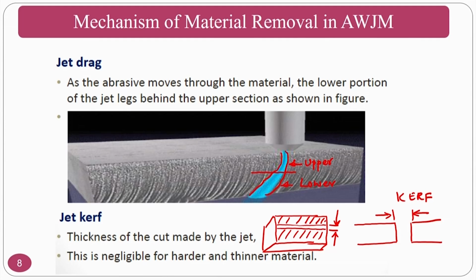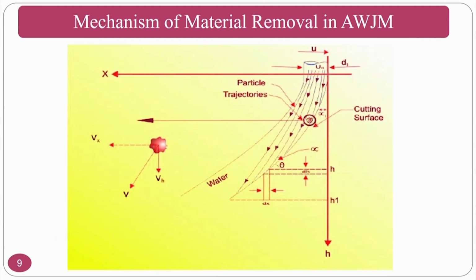Normally, the kerf thickness is very fine in terms of harder and thinner materials. And the mechanism of material removal, as I discussed in the previous slide where the visualization is taken: this is the jet which is impinging on the surface, following the track of the water.